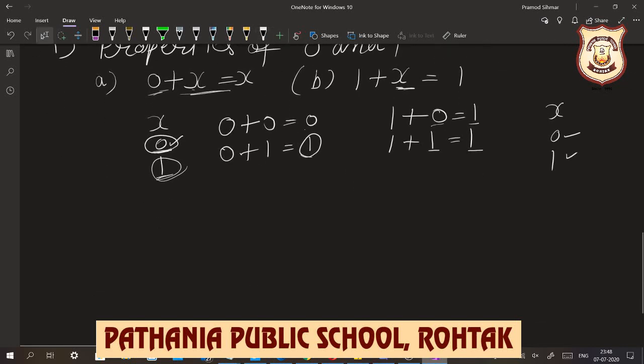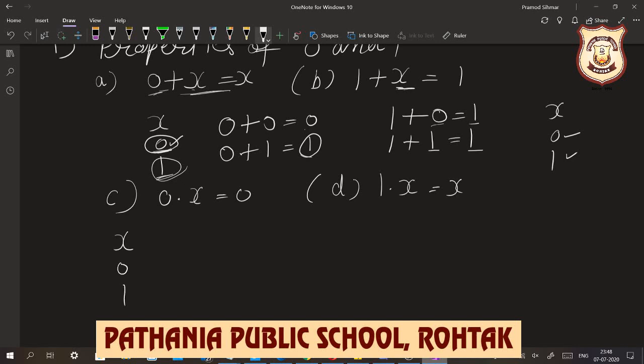And number third is C. C is 0 multiply x always 0. And D is 1 multiply x always x. How to prove it? Write down the truth table of this also. For example, first we do the calculation here. We have x, and in x, only two values are there, either 0 or 1.